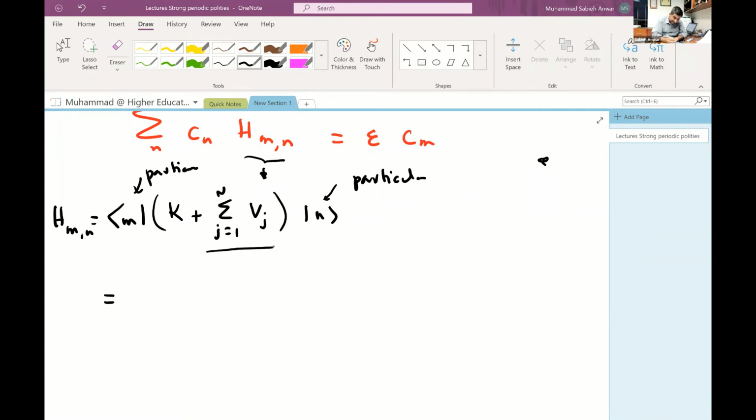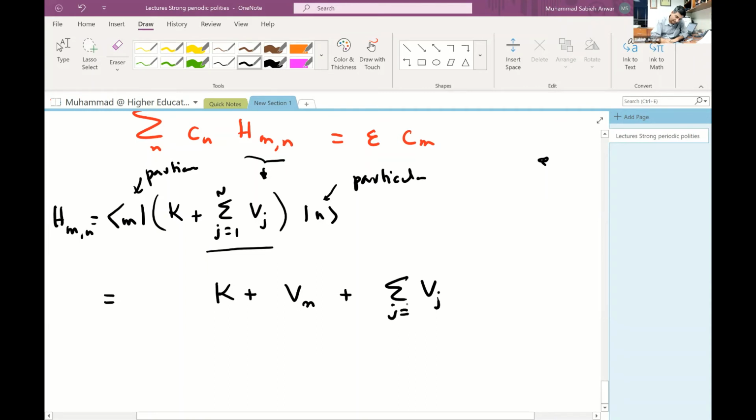And when it does that, I can write this Hamiltonian in the following fashion: Bn plus sum of all j's, where j does not include n, because I've already included the n factor here. So this term can be written in this fashion.